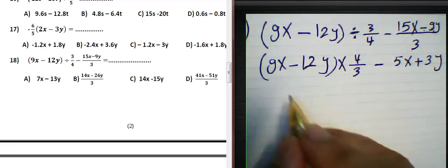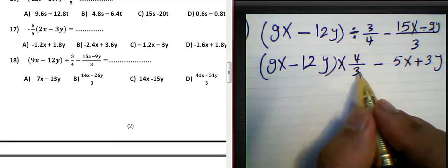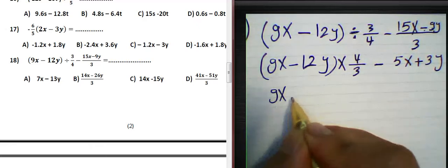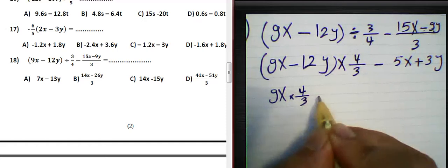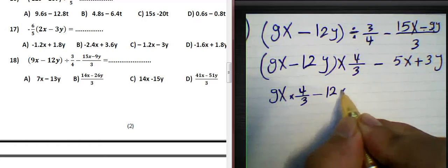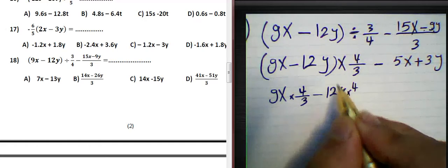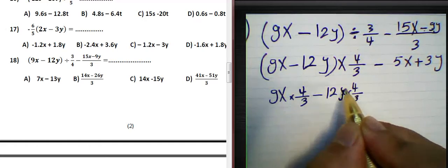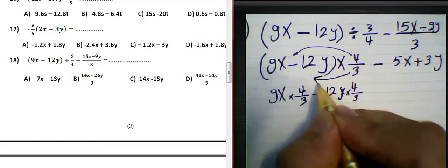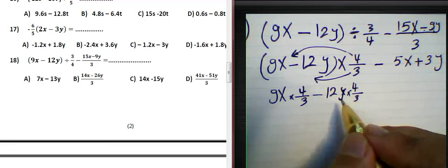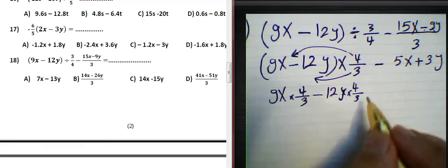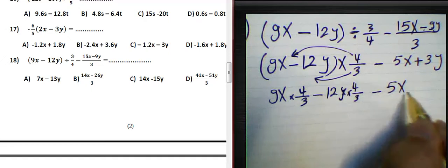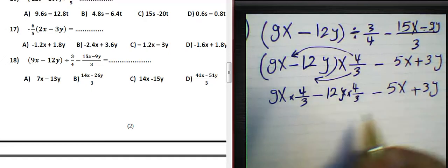Okay, 9x multiply 4 over 3, subtract 12y multiply 4 over 3. We can use multiplication with 4 over 3 using distribution properties, subtract 5x plus 3y.